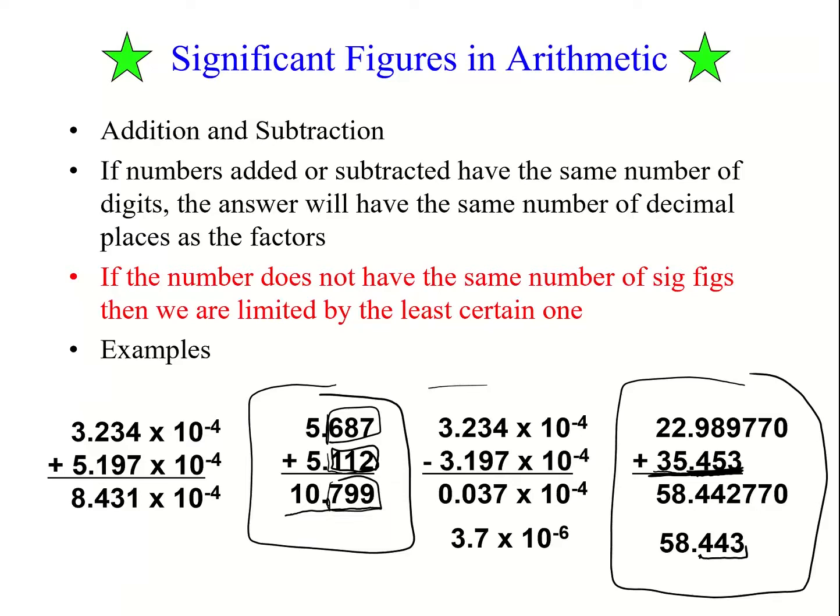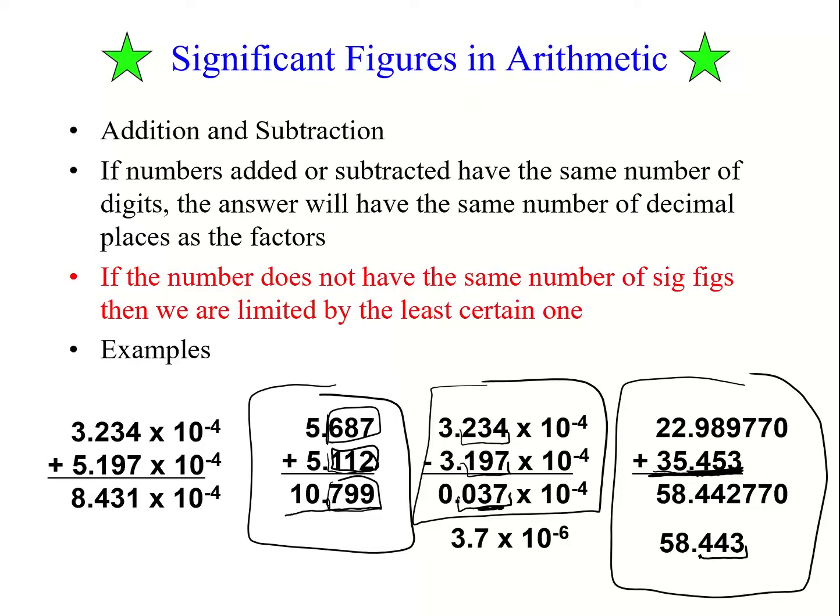In my next example, the answer has fewer significant figures than the numbers I'm using in the calculation. But again, I'm limited by the number of decimal places, and since both numbers have 3 decimals, I must report my answer with 3 decimal places. Otherwise, it would be more accurate than the numbers I'm using for the calculation.